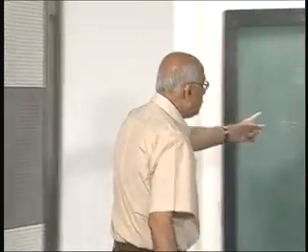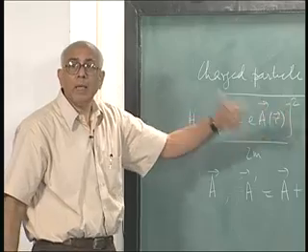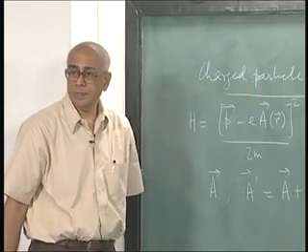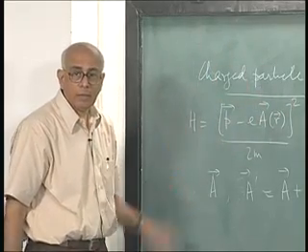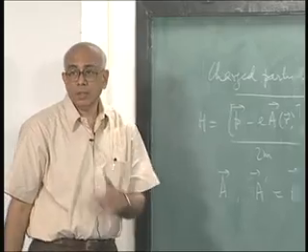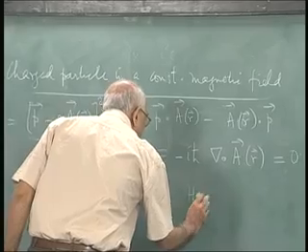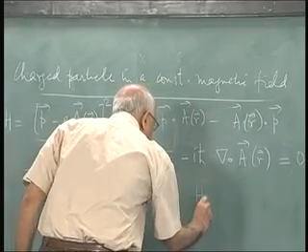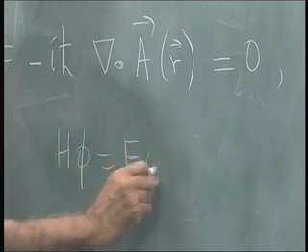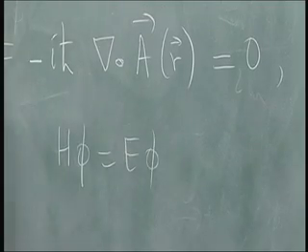What will happen to the Hamiltonian? It will change, but it will be a canonical transformation. Nothing will get affected, but I must make sure that the Schrodinger equation does not change. I must make sure that this equation, H psi, or for the eigenfunctions H phi equal to E phi, does not change.